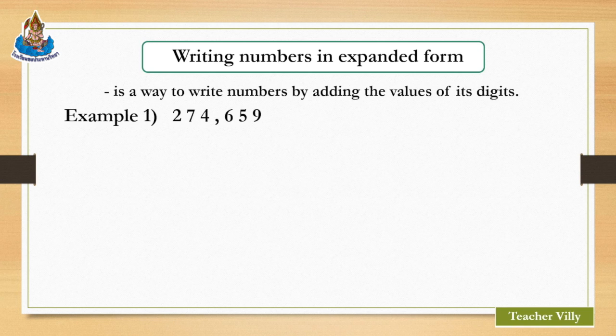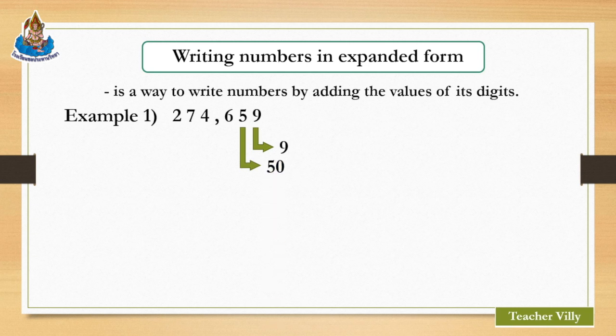First thing to do, you have to find the value of its digits. Let's start from right to left. What is the value of the digit 9? Of course, it's 9. What about the digit 5? What is its value?